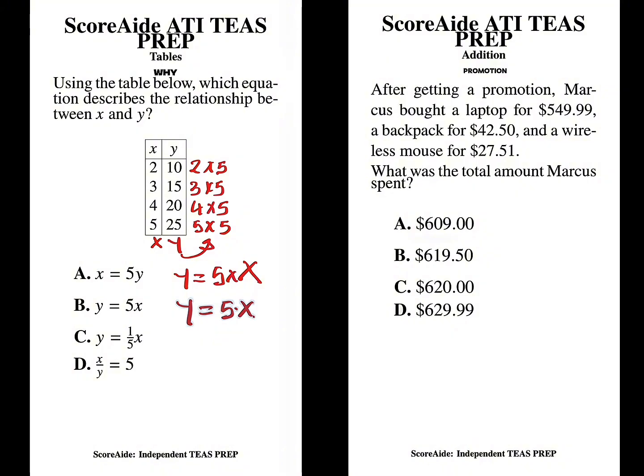Excuse me for my writing. So y is 5 times x, which is B. So the answer there is 5 times x. It means that when x is equal to 6, y is going to be 30. When x is equal to 7, y is going to be 35, and so on. So the answer is going to be B.